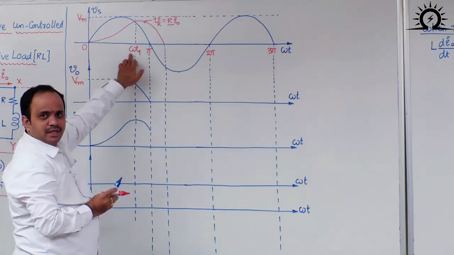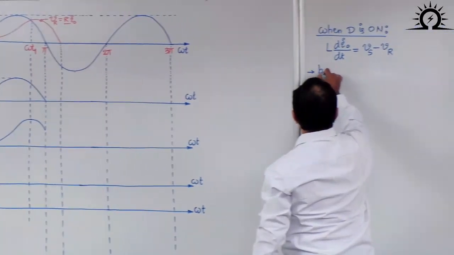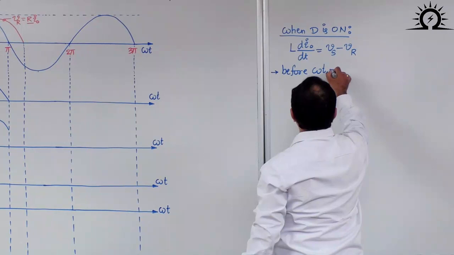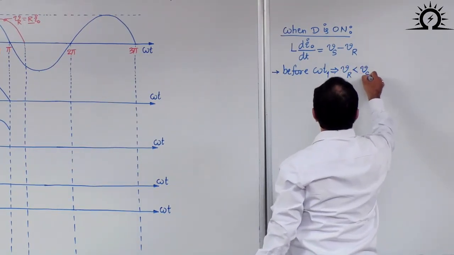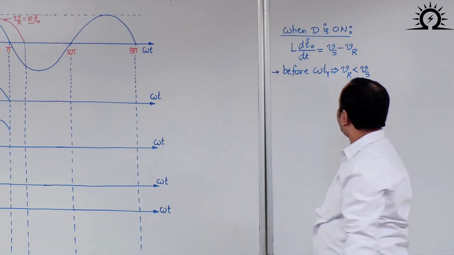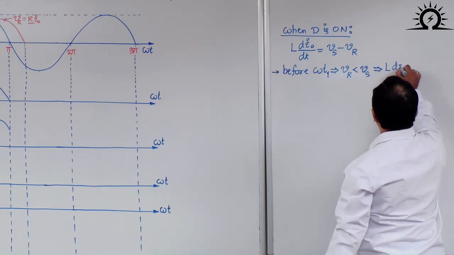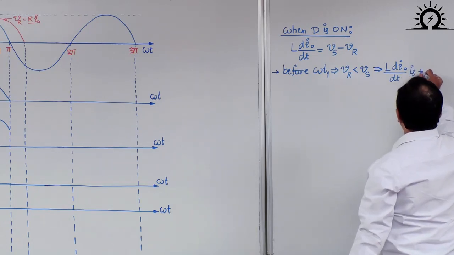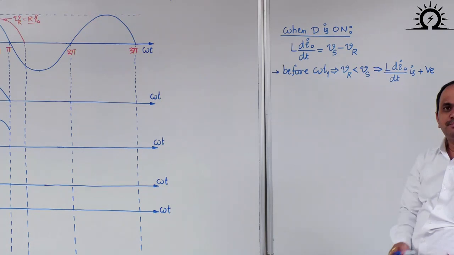Before omega t1, I noticed here VR value is less than Vs. What do you mean by that? L into d I naught by dt is positive.